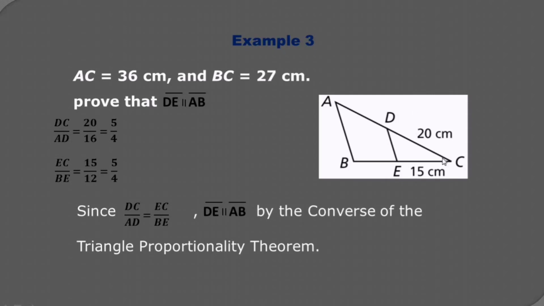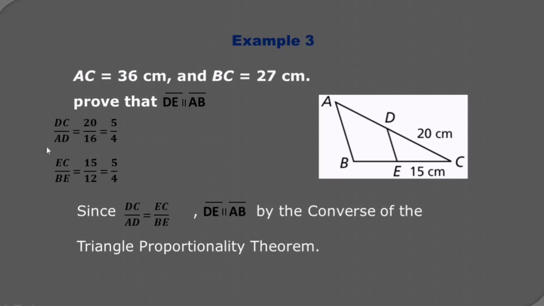Yes, I have AC equal 36. So this means AD equal, perfect, 36 minus 20, which is AD equal 16. Good. The second side, BC, the whole side 27. I have EC equal 15. So BE equal, perfect, 27 minus 15, which is equal 12.